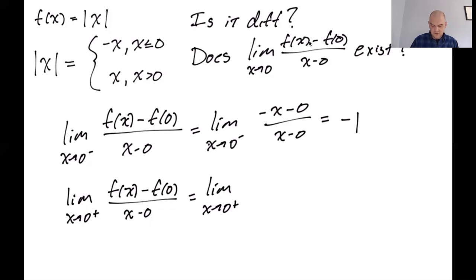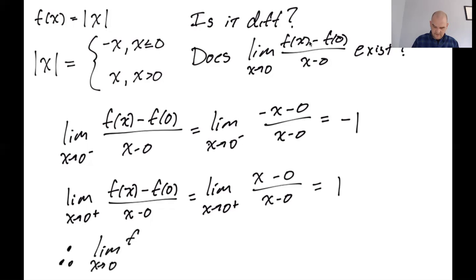So you replace f of x with just x, and then minus 0 over x minus 0. This is definitely 1. Okay, so because we got different limits, therefore the limit as x approaches 0 of f of x minus f of 0 over x minus 0 does not exist. What does that mean?